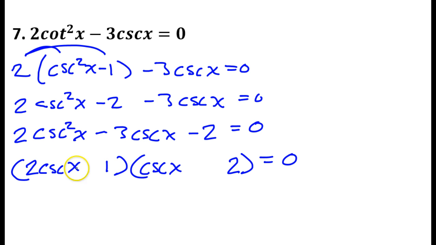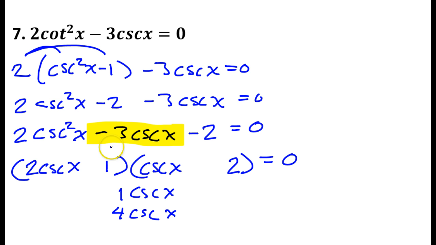Now I know that inner plus outer must equal the middle. So inner, I have 1 cosecant x. Outer, multiply, I have 4 cosecant x. Now I'm trying to get a middle of negative 3 cosecant x.